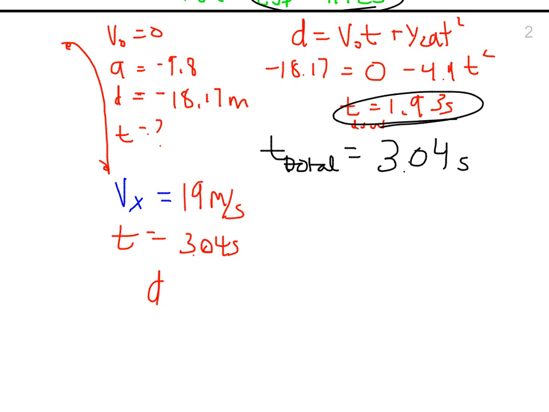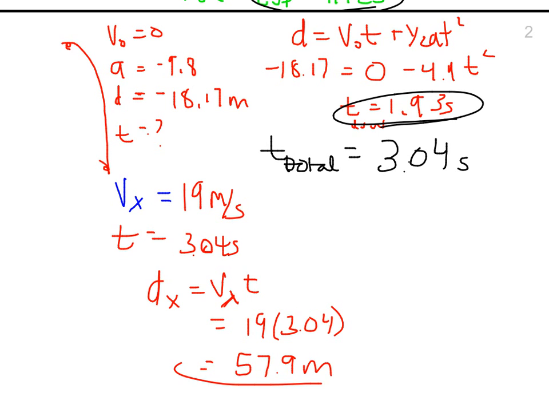So I know that dx equals vx t. So I have 19 times 3.04. And I get that this thing lands a distance of 57.8, we'll say, meters away from the base.